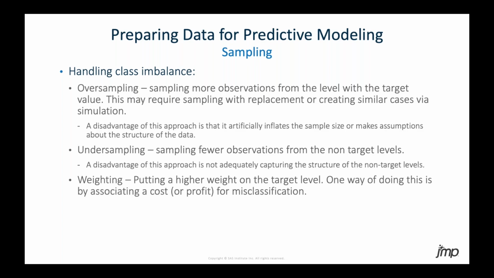However, if I misclassify a non-donor as a donor, my cost there is just the cost of the mailing. So I can use that as an explicit way to weight my values, to weight my imbalance. That often is very helpful, and again, it is helpful in those cases where I have something more explicit, where I can actually associate a cost with the misclassification.